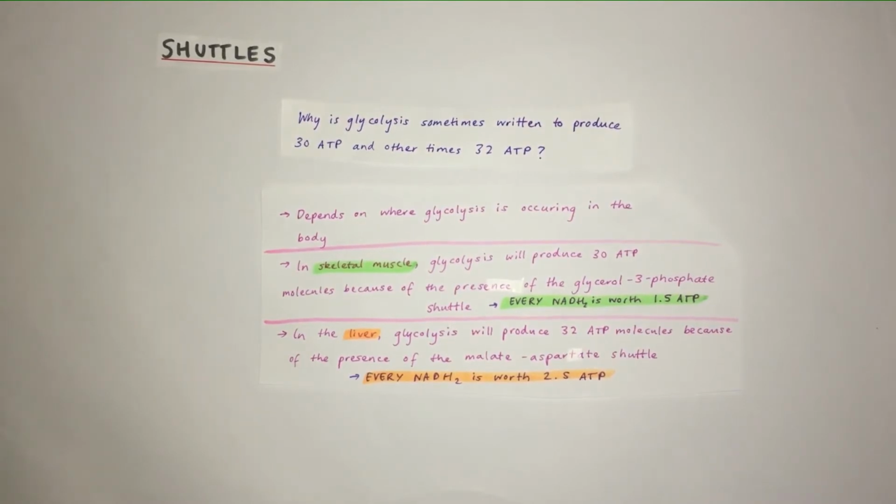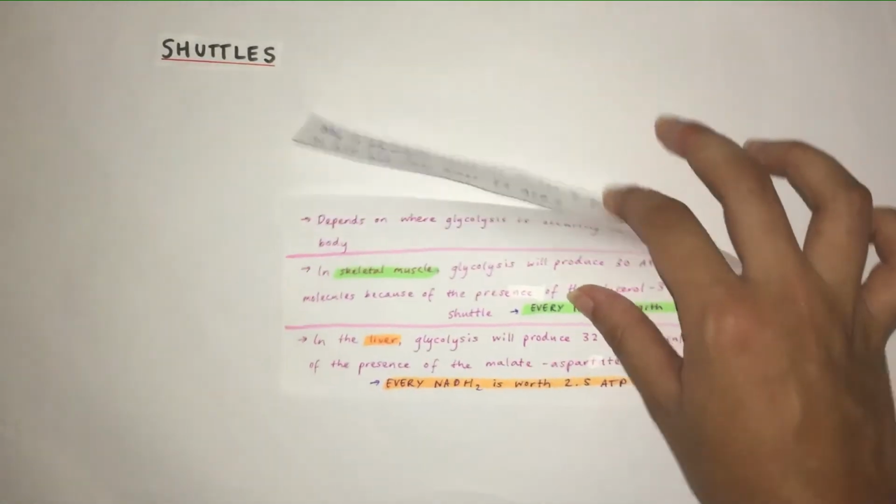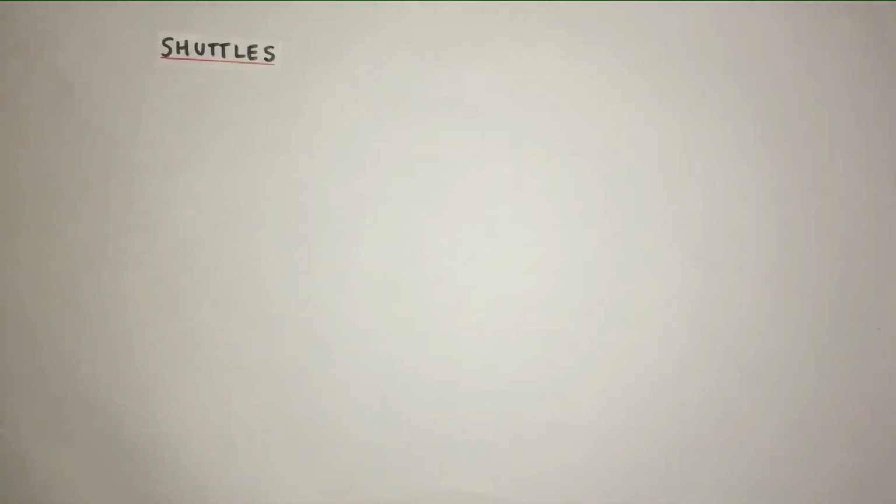And because of the shuttle, every NADH is worth 2.5 ATP, more than what the NADH is worth in skeletal muscle. So hopefully after going through the shuttles, that will make sense and you'll understand why there's less ATP produced in the muscle as opposed to the liver.